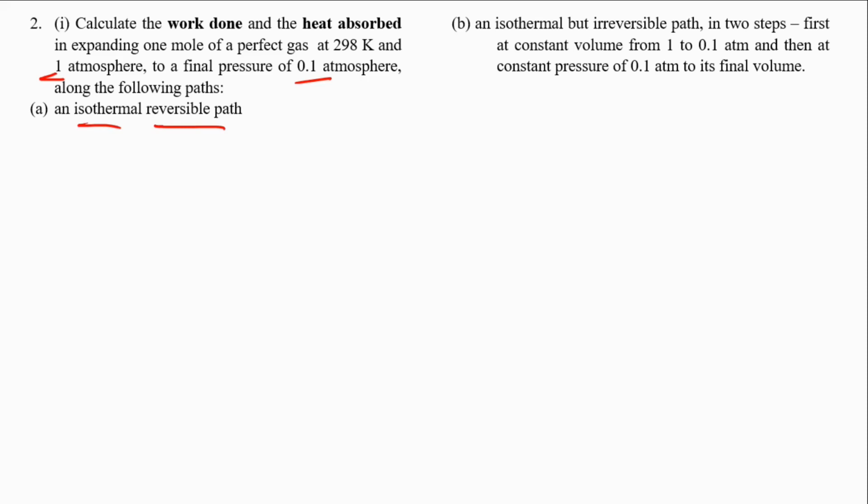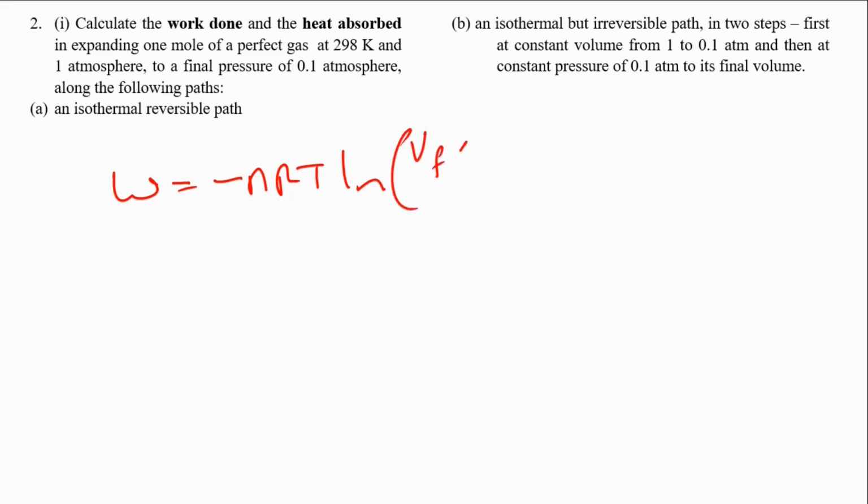For such a system, the work done is equal to minus nRT ln V final over V initial. However, we don't have the volumes. Indeed, we could calculate the volume values using PV equals nRT, and since we're dealing with an isothermal reversible process, PV is always equal to nRT.